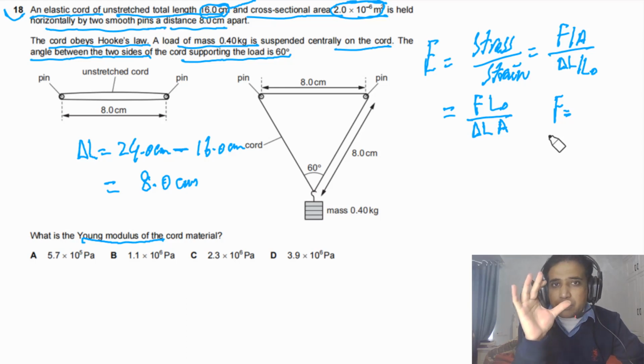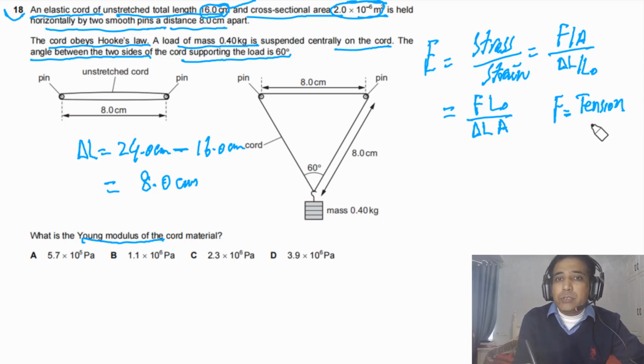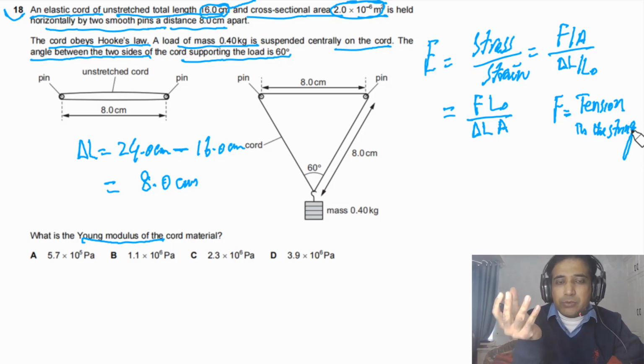It does not mean that the only force acting is the weight, so F is equal to weight. No, this is tension in the string. Very important one. So what is F? F is tension in the string. So now simply we need to find out tension in the string.